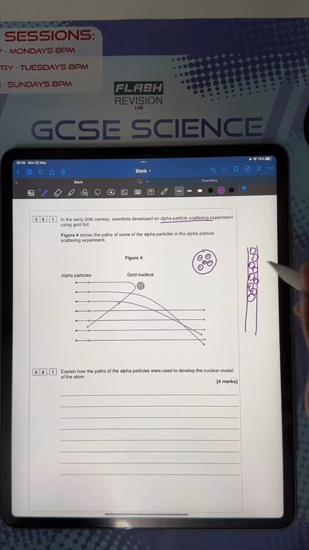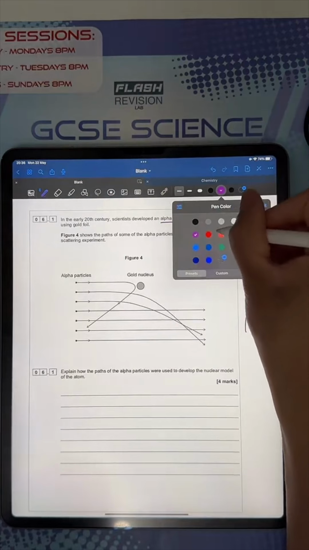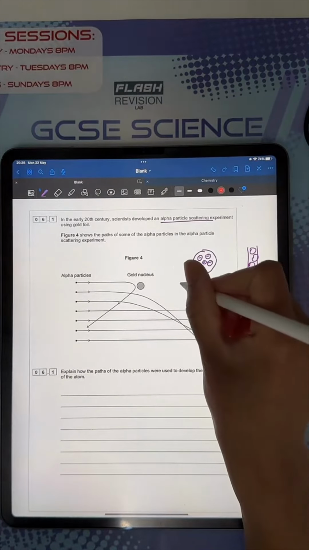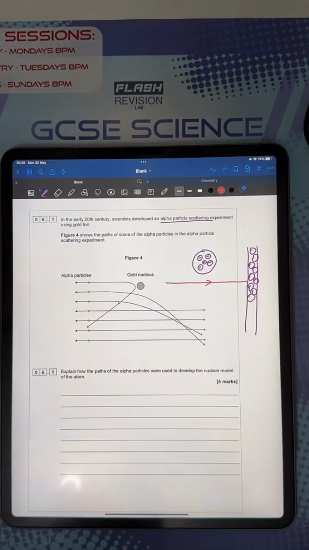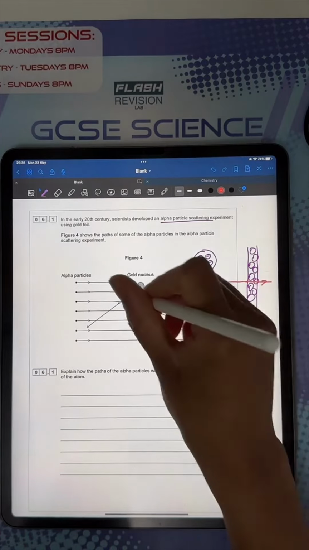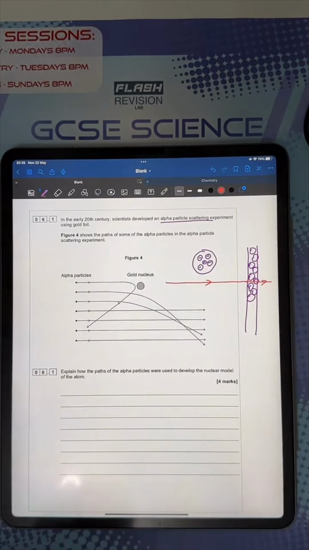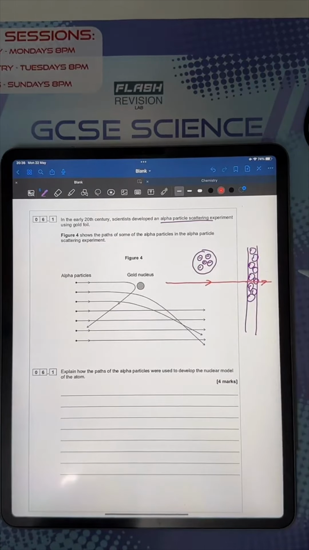Okay, so when he carried out the experiment, he expected the alpha particles to basically stop, bounce off. But he was shocked because most of the alpha particles went straight through, as shown in this diagram. That completely made this model false.